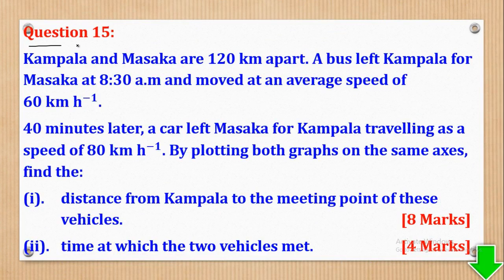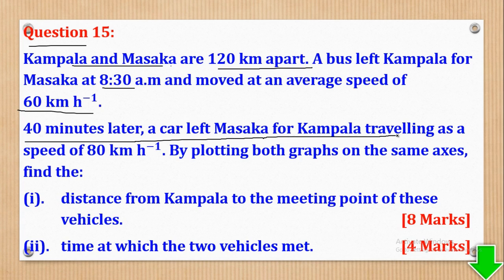So question 15 says Kampala and Masaka are 120 kilometers apart. A bus left Kampala for Masaka at 8:30 a.m. and moved at an average speed of 60 kilometers per hour. 40 minutes later, a car left Masaka for Kampala traveling at a speed of 80 kilometers per hour.